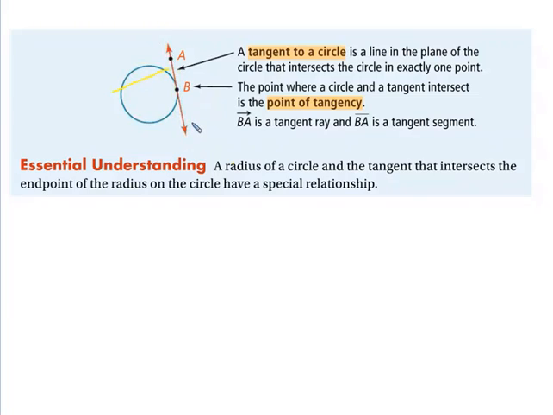Or a tangent could be a segment. We can just draw no arrows on this, just start and stop. Okay, so the main thing here is you just understand what a tangent looks like and what it doesn't look like. And we're going to introduce you to about 3 special properties of tangents today in our lesson.